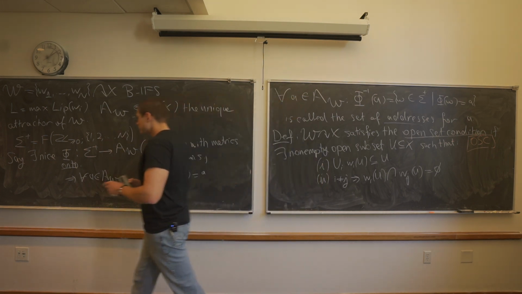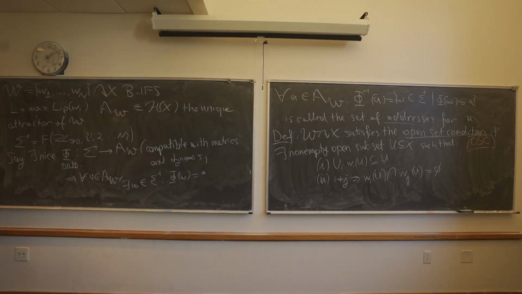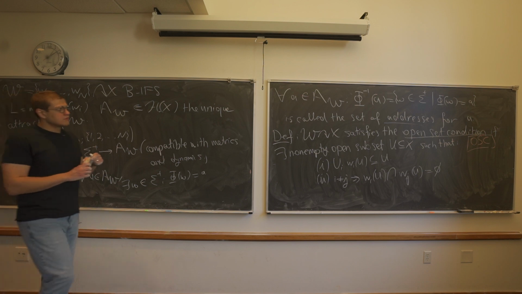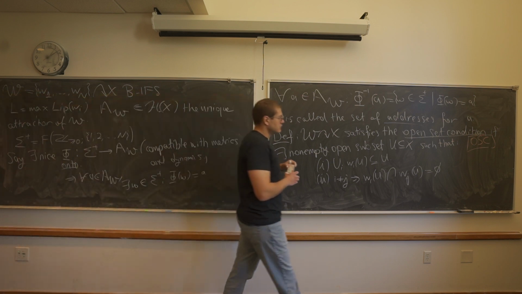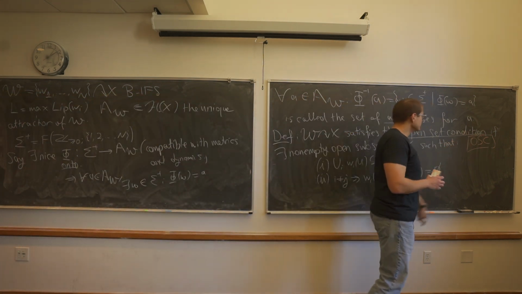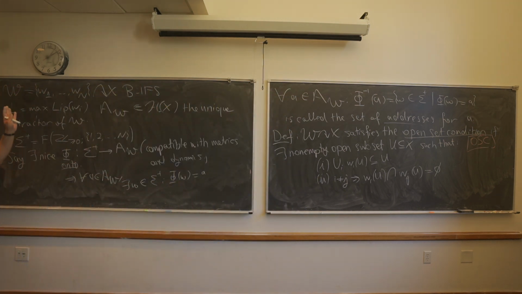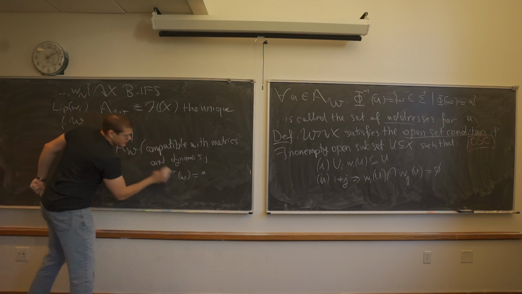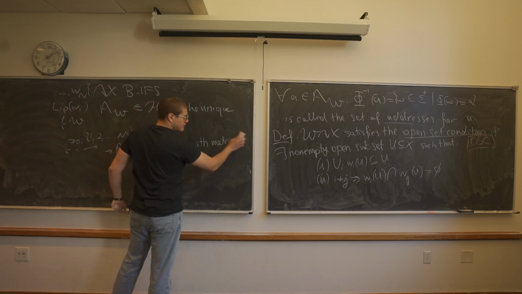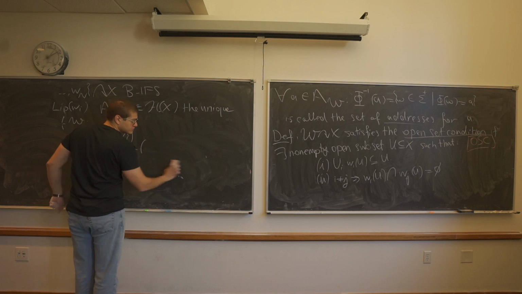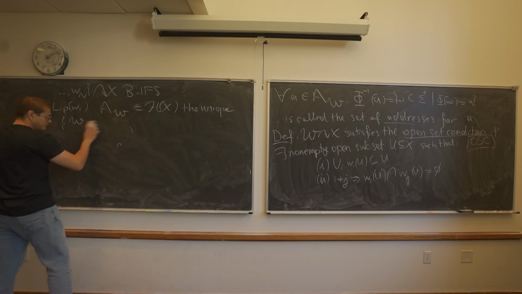Okay, so now we have, in fact, a trichotomy when it comes to B-IFSs, coming from this OSC condition. So first it bifurcates. Please keep this notation in mind. I'm not going to keep writing this. A B-IFS either satisfies the open set condition or it doesn't. Okay, that's the first separation.